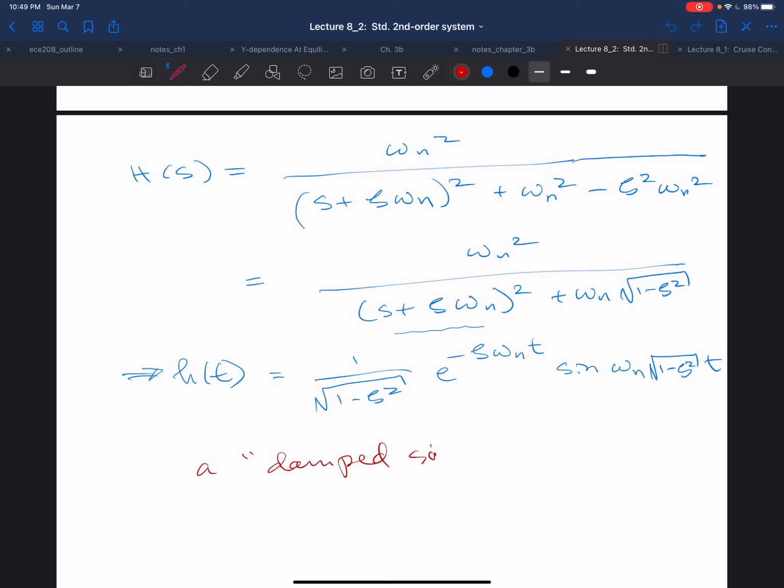The impulse response gives us sinusoidal oscillations whose amplitude decays exponentially according to this real exponential here.